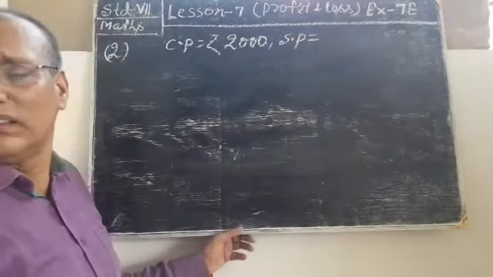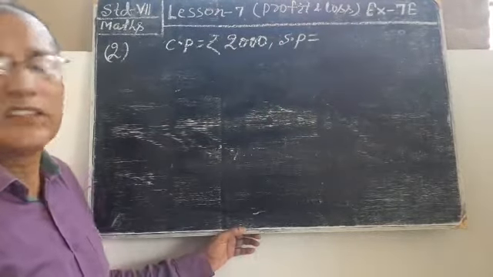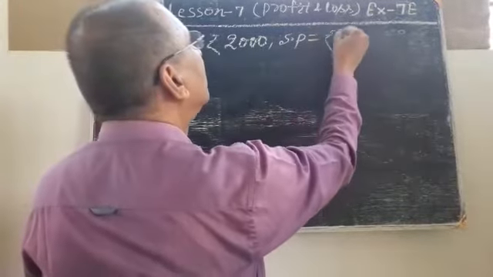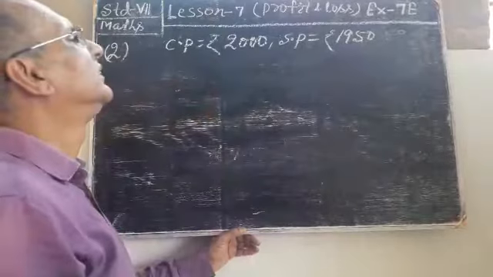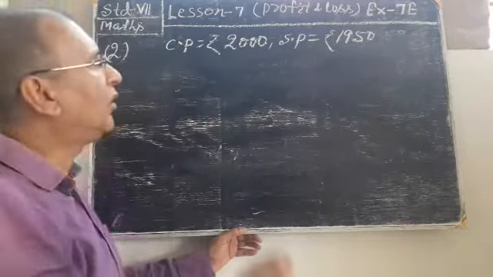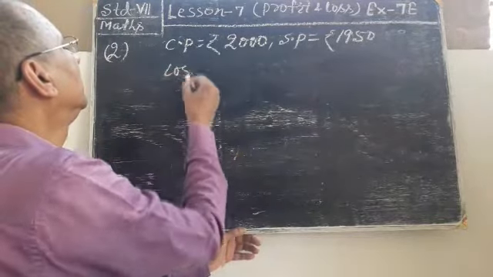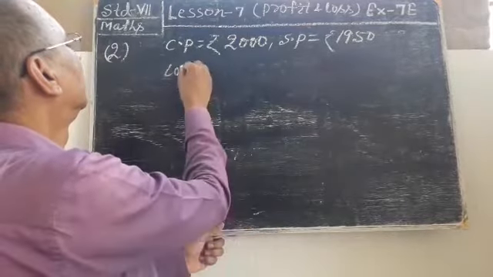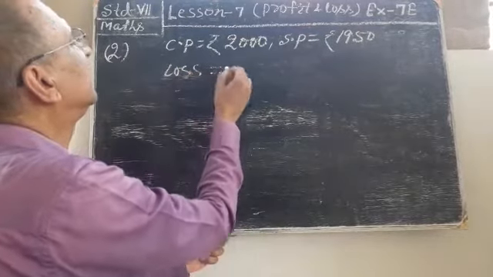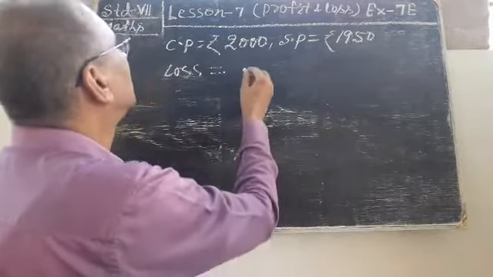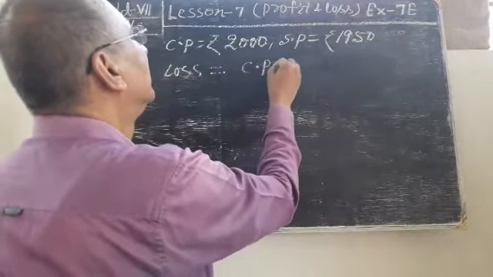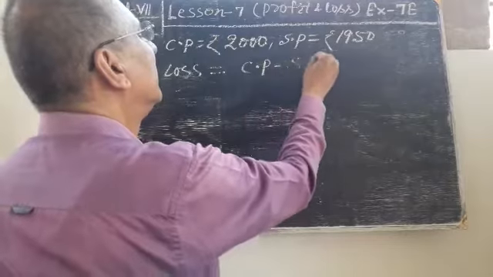SP is equal to rupees 1950. So again it is a case of loss. That is why loss is equal to CP minus SP.